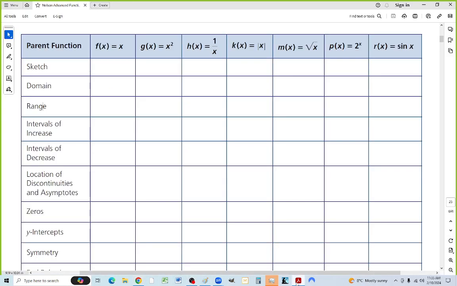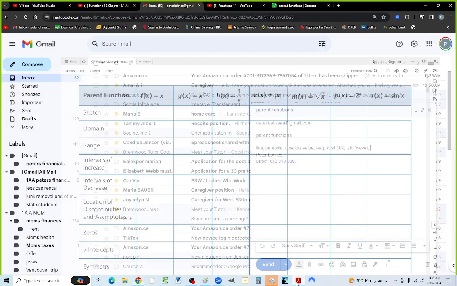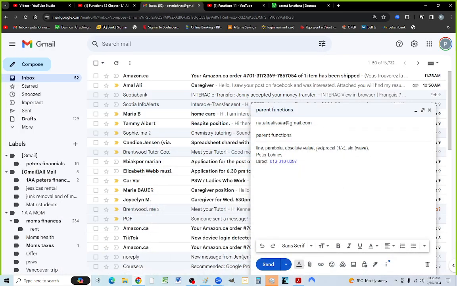Exponential, yeah, and square root. Square root is also called radical. So radical, reciprocal, 1 over x, growth, 2 to the power, and sine wave.